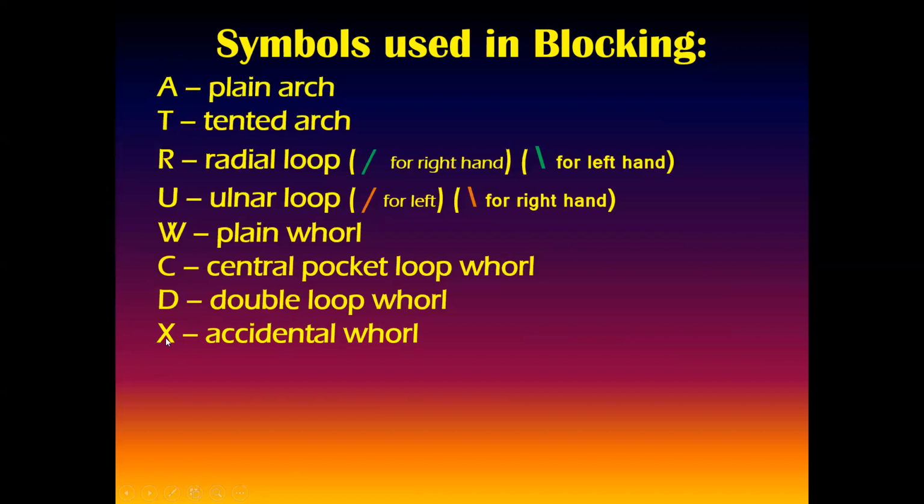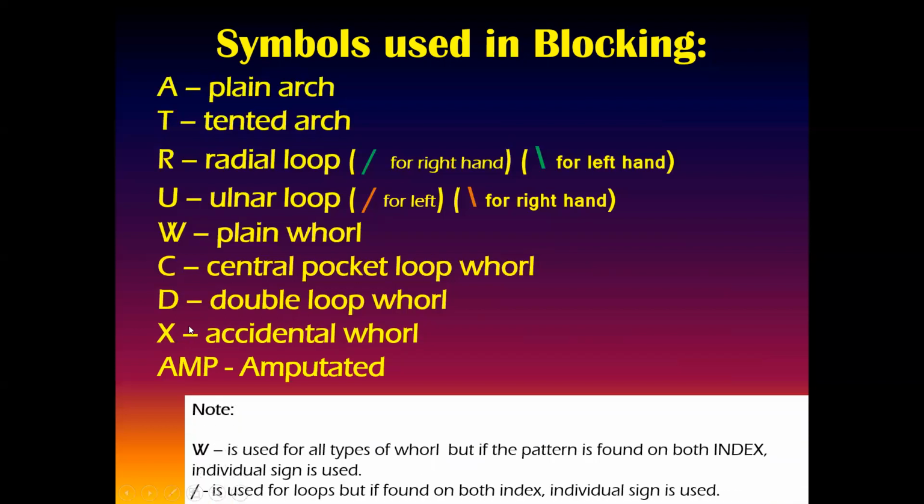For the other digits of your hand, we use small letter a for plain arc, small letter t for tented arc, and the slants for loops, and for all variations of whirls, we are going to make use of the symbol W. And if the finger is amputated, then we have to indicate in the box intended for the fingerprint the abbreviation AMP, which stands for amputated.